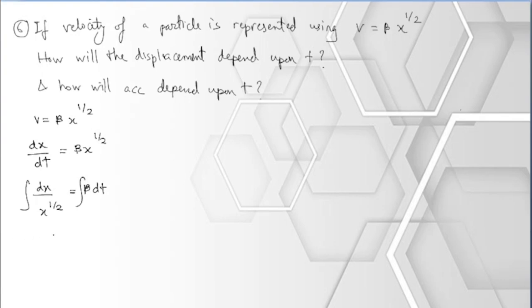That gives us x to the power minus 1 by 2 dx and beta into dt; integration is t, right? And x to the power minus 1 by 2 integration is x to the power minus 1 by 2 plus 1 by minus 1 by 2 plus 1. There's a constant here.